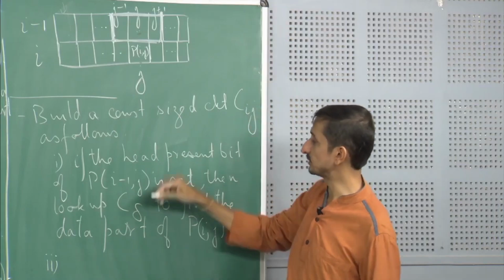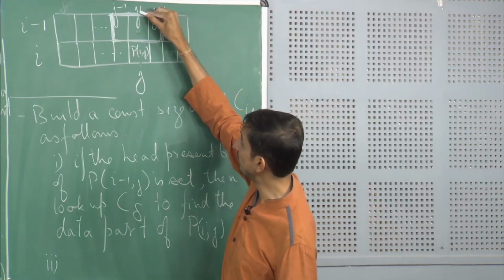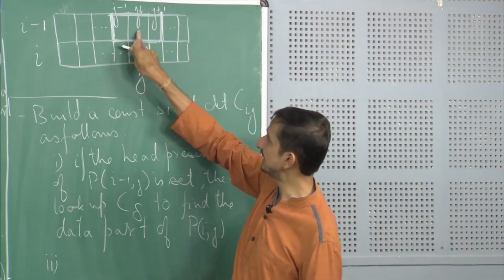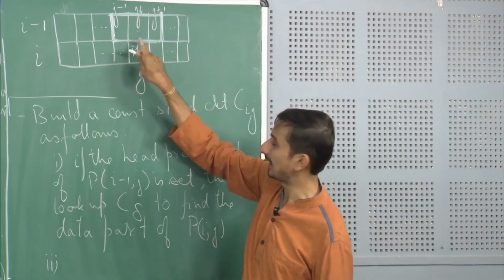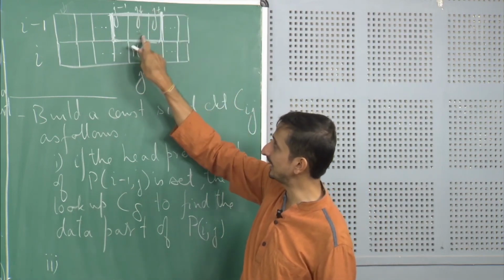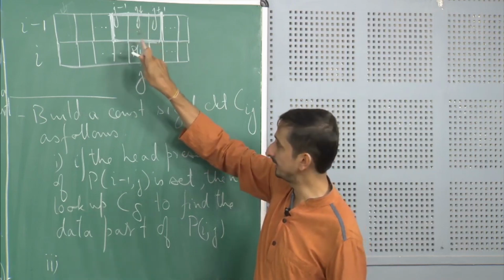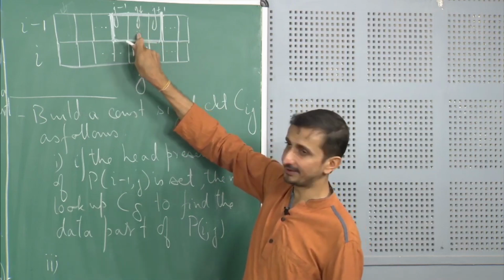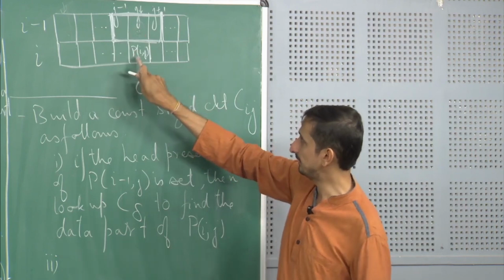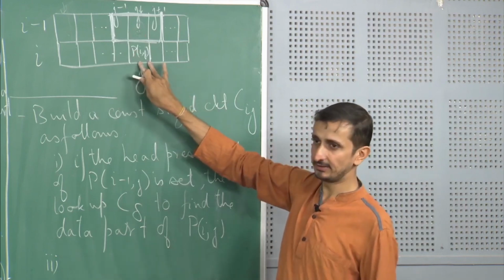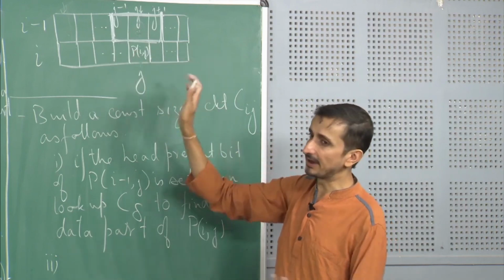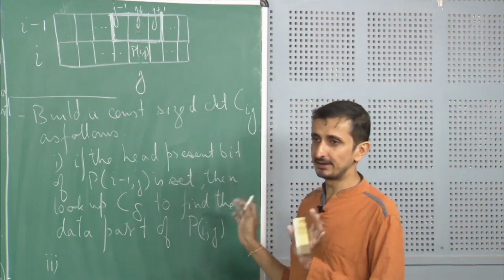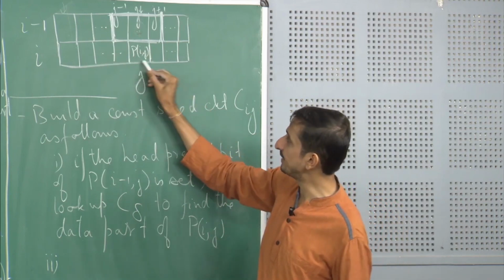No, not j minus 1, Pi minus 1j. So, if let us say the head is pointing over here, it means that I have to apply the Turing machine, I have to apply the transition function on the data part of this cell, right. So, I look at this, the state over here, the letter over here, I apply it and I get Q prime and A prime for Pij, okay. That is it, I do not look at whether it is going left or right immediately. Now, I have to set the head present over here.